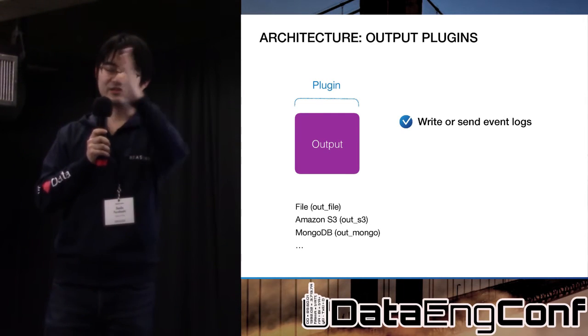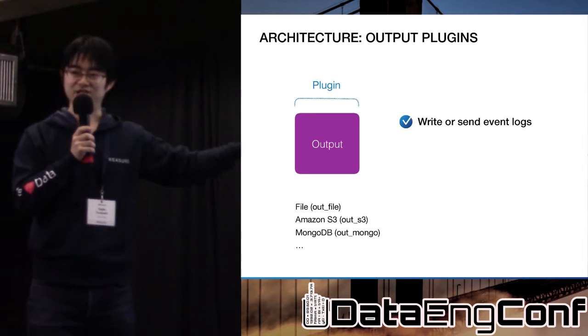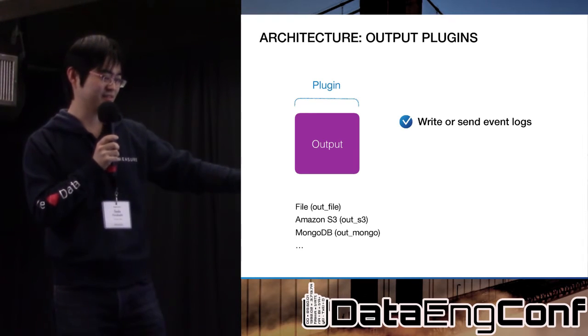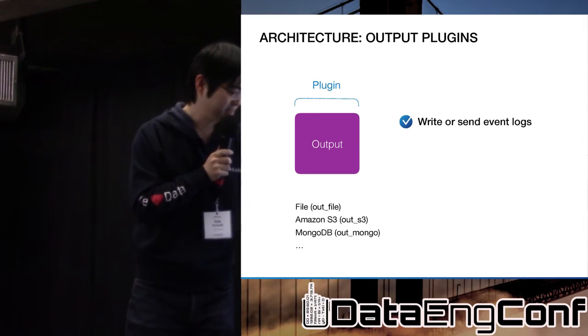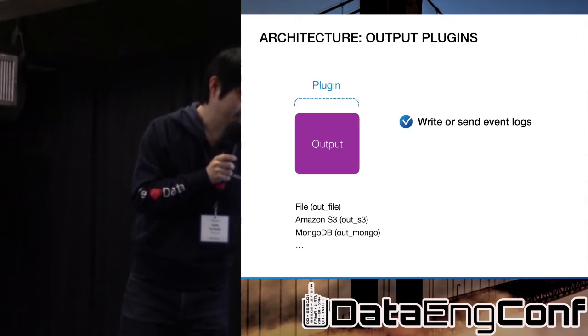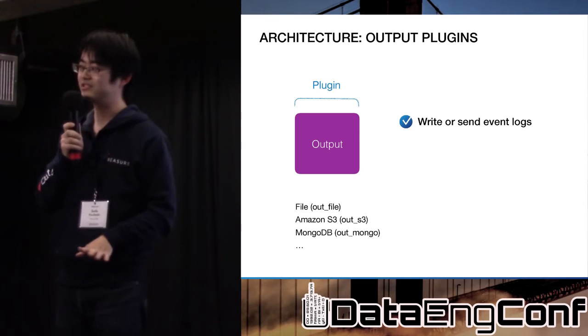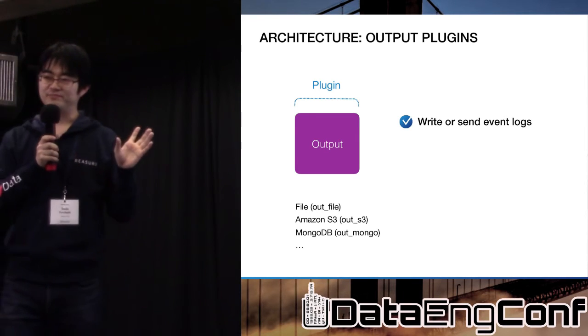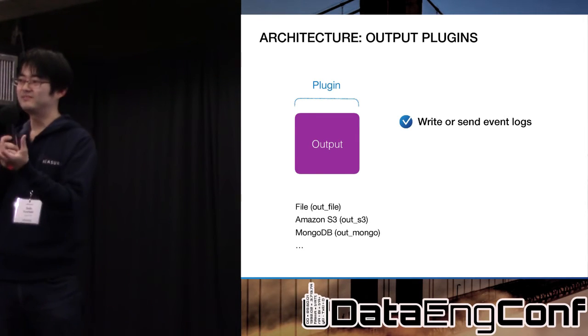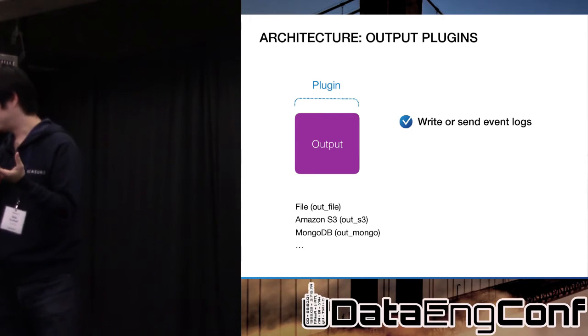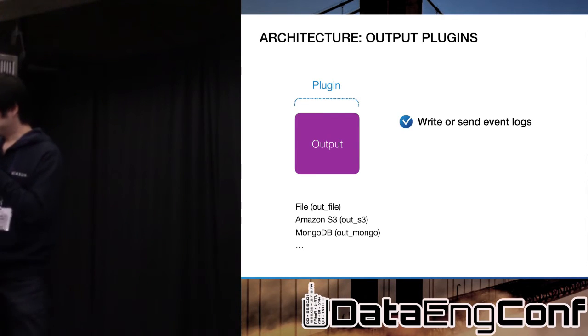You want to sync that data using an output plugin. You can plug in output plugins. One output plugin is file, one is S3, another is MongoDB, and there are hundreds of plugins released as open source. You can fork those open source projects to create another plugin. Or of course you can create one from scratch. So it's a plugin-based system.